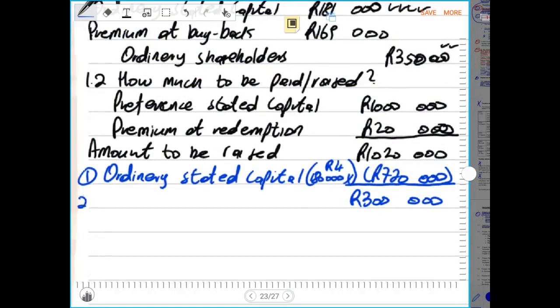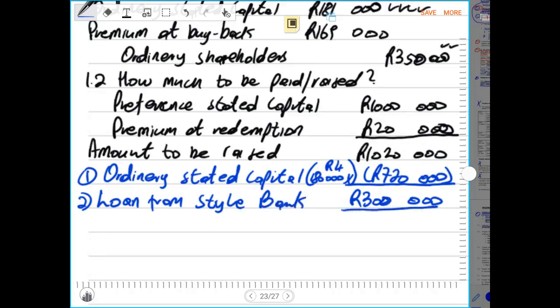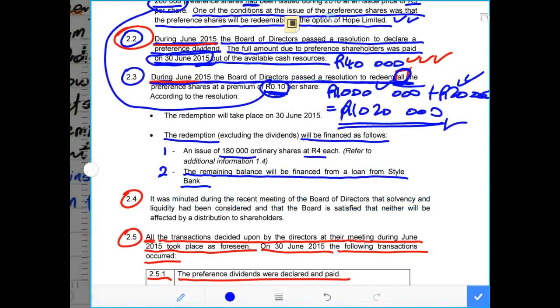This will be a loan from Style Bank, for the balance to be raised. So the 3 marks was for the loan that must be raised from Style Bank, which is the second requirement that we were required to do.